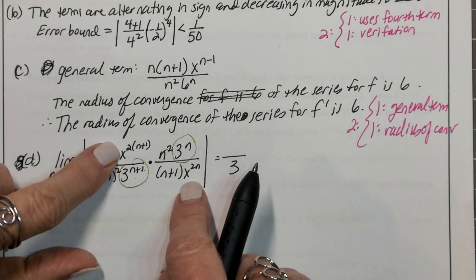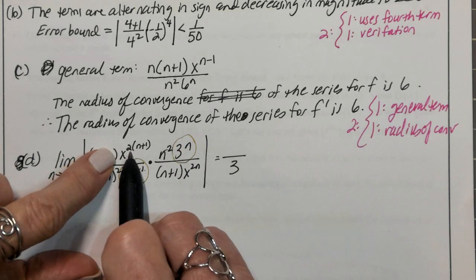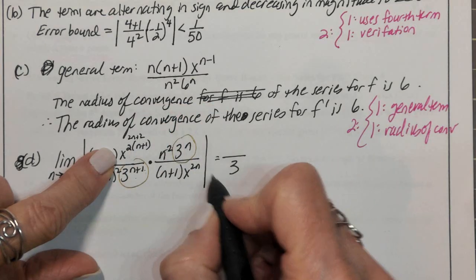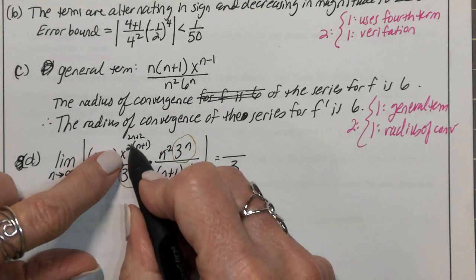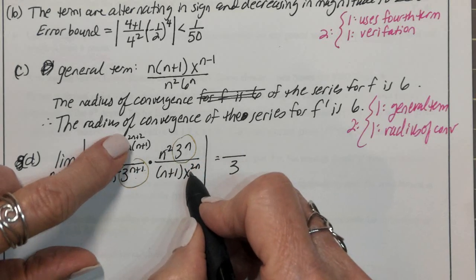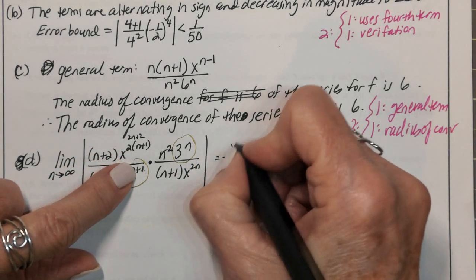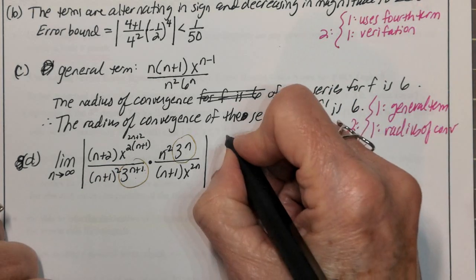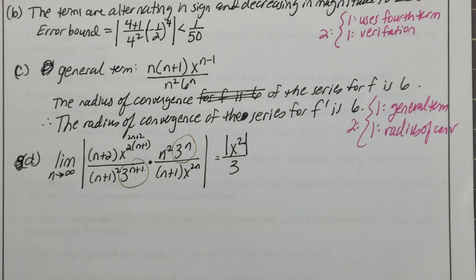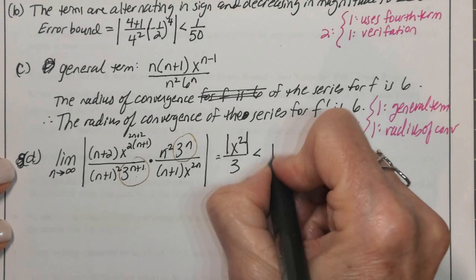But for our x's, this would be 2n plus 2, right? So which would be x to the 2n times x squared. The x to the 2n's will cancel. We'll be left with x squared. You can think of that as being absolute values. We don't actually have to have those absolute values since it's a squared, but I like to still think of it as being an absolute value.